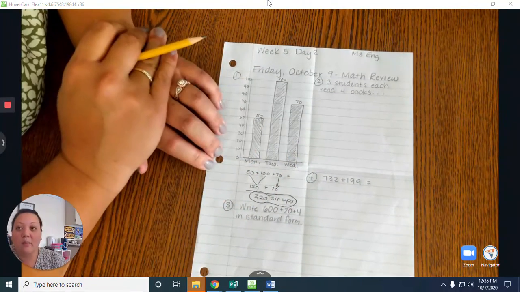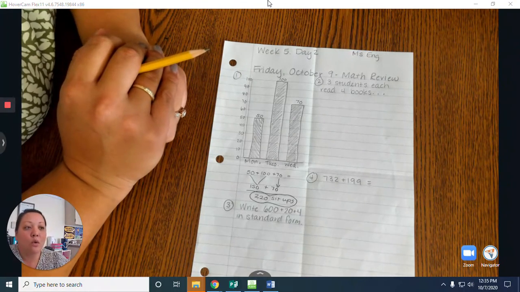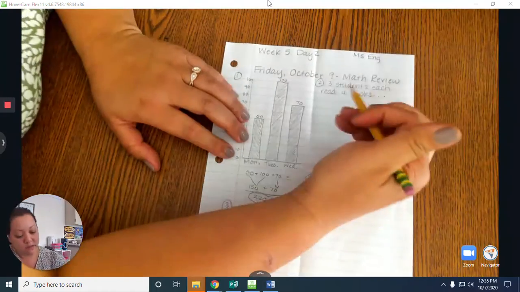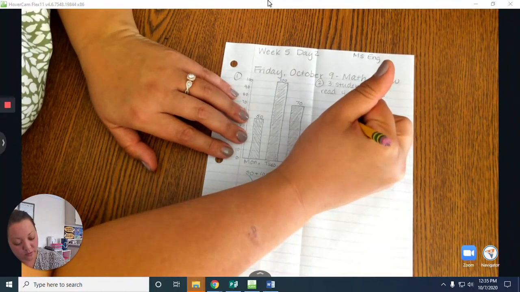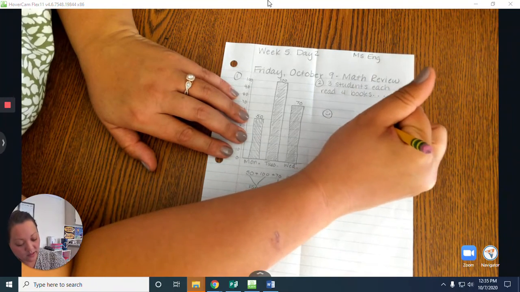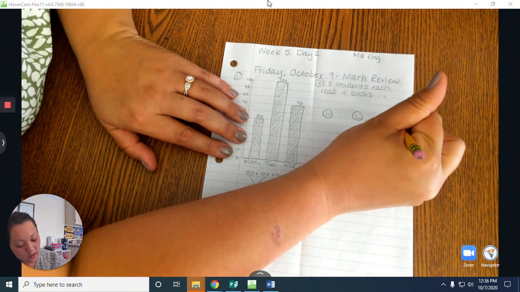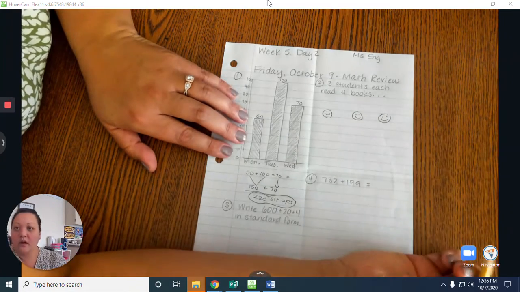Okay, number 2 is another word problem. It's obviously a math problem too. It says, if 3 students read 4 books each, how many books did the students read in all? So I'm going to do a drawing of this. So I'm going to draw my 3 students. Here's one student, and they're happy. And here's another student, and they're happy. And my third student, we have happy students.